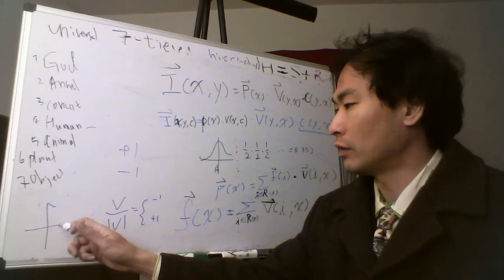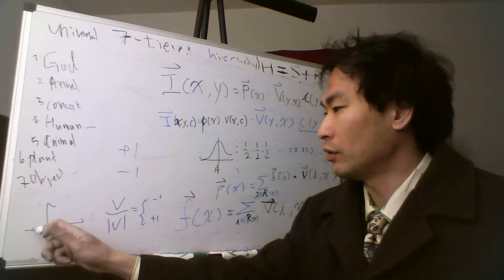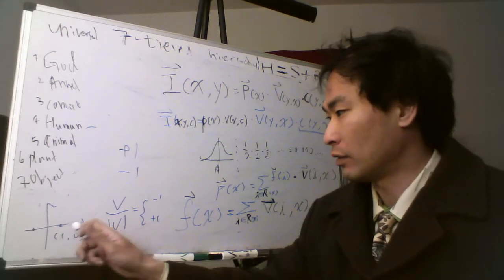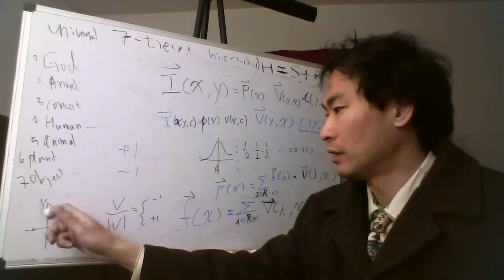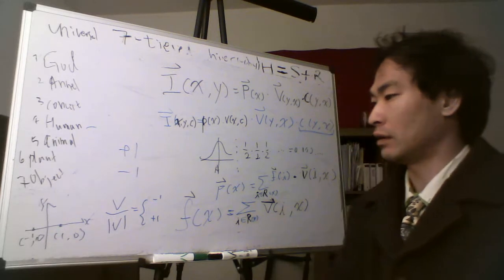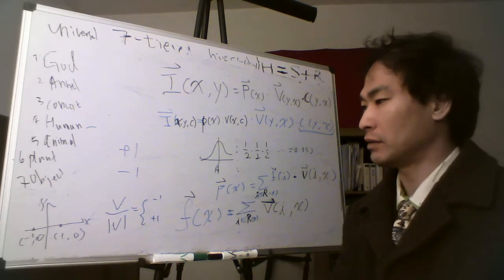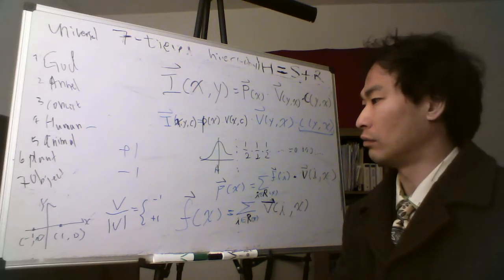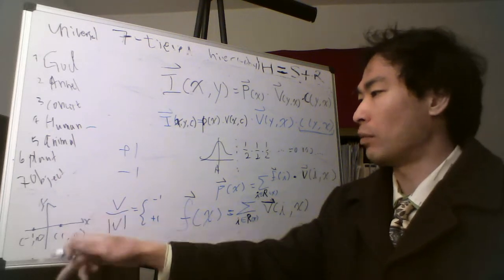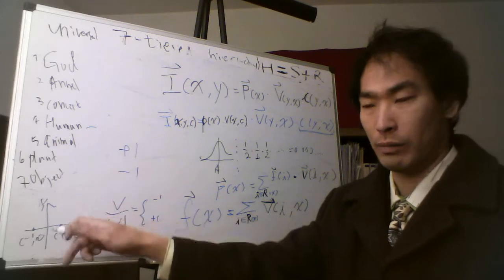Here you have 1 comma 0, and we are thinking of base vectors, x and y. You have minus 1 comma 0. So in two-dimensional space, what is a concept? Let's say pro-gunism and pro-abortionism: pro-abortion, anti-abortion, plus y, minus y.